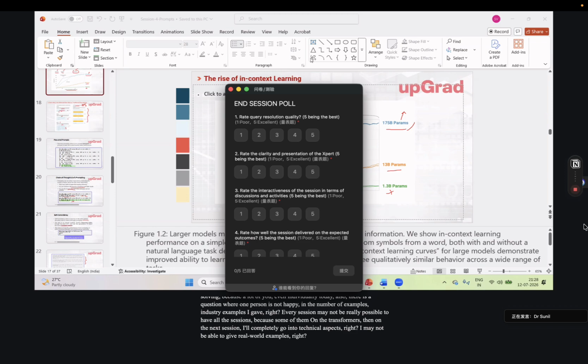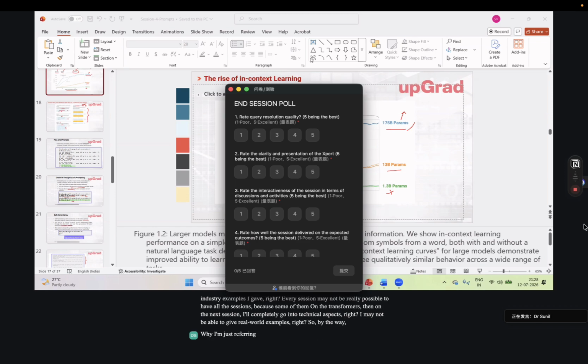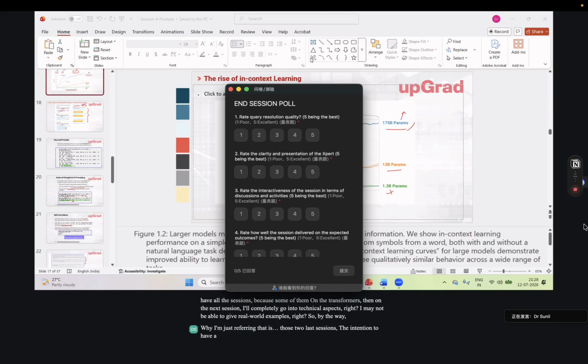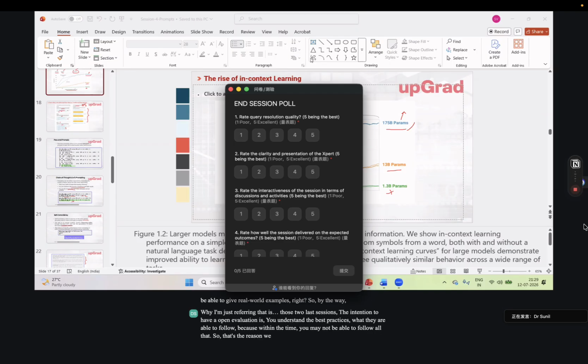So by the way, why I'm referring to that is, with those last two sessions, the intention of an open evaluation is that you understand the best practices, what others are able to follow, because within the time you may not be able to follow all that. That's the reason we encourage not the individual ones. Maybe there are extreme cases where 1 or 2 people are there, but otherwise usually 10 or 12 groups is typically how they are divided, and you will learn more from that process as well.